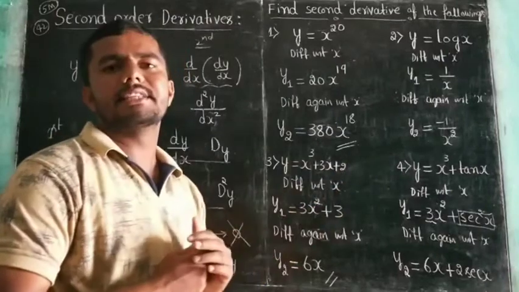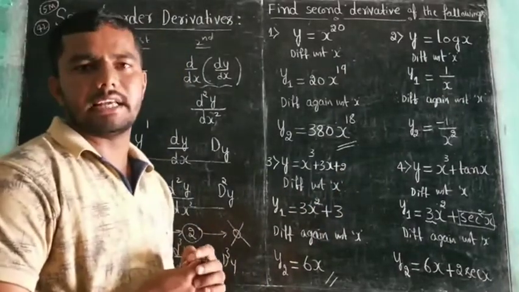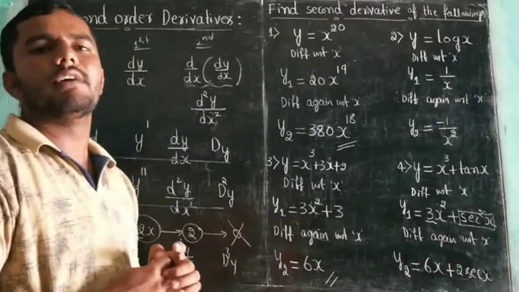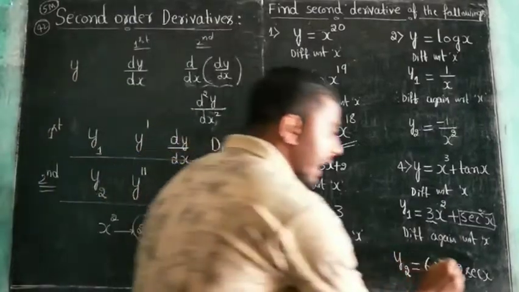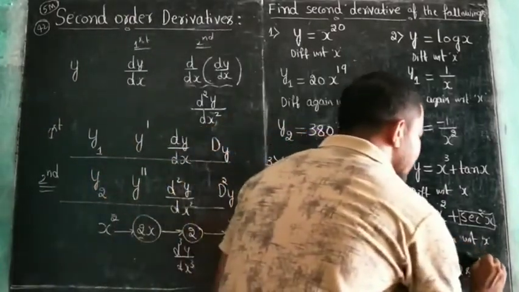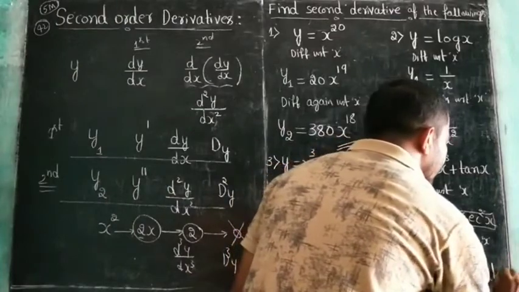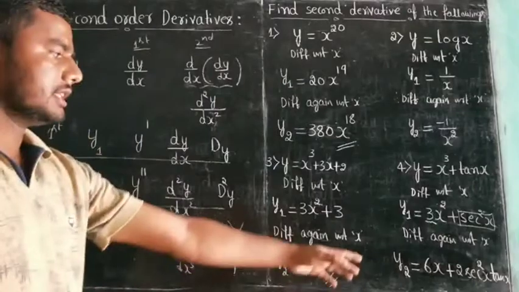Instead of w we have secant x. So what is the derivative of secant x? The derivative of secant x is secant x into tan x. So we already have one secant x there. Secant x into secant x, secant square x into tan x. This is the final answer.